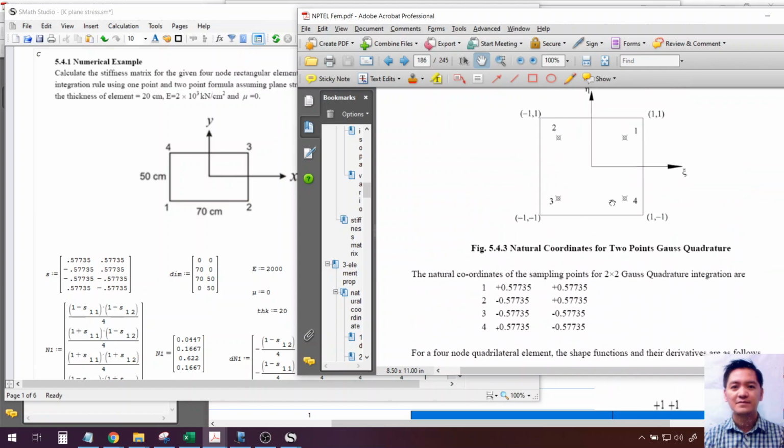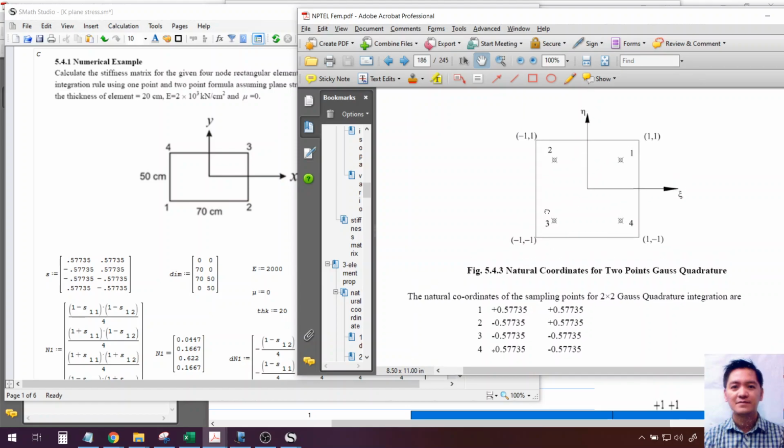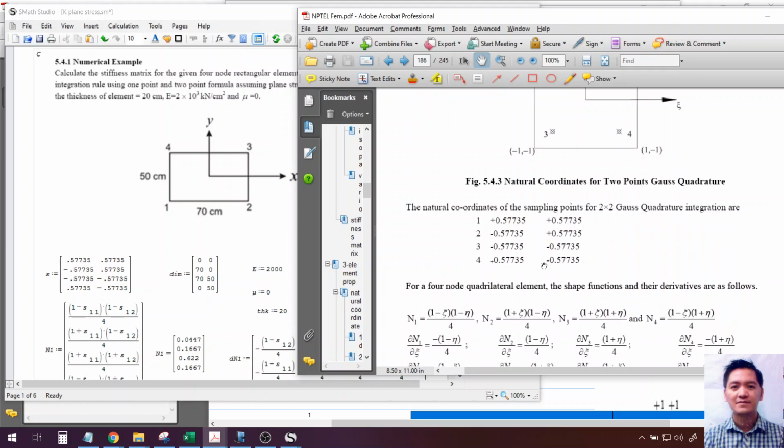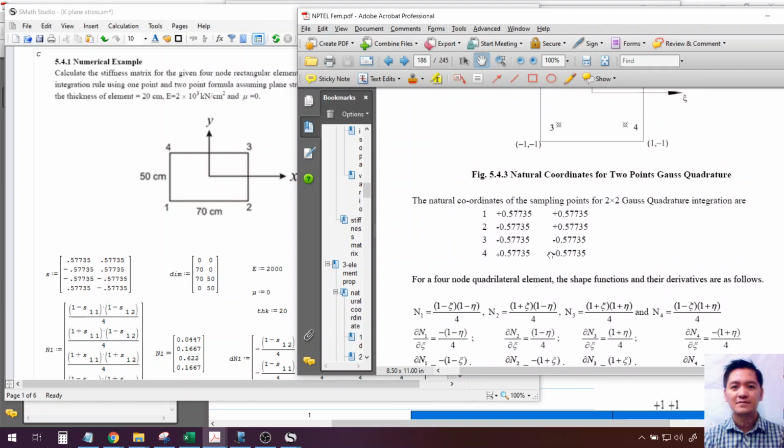So, 1, 2, 3, 4. 2x2. No? Okay, remember, yung natural coordinates natin, 1, 1, -1, 1, -1, -1, 1, -1. Therefore, kailangan mo rin ng 4 na points. And yung points na yun are this. Okay, for a 2-point Gauss quadrature, this is constant, no? Hindi, ano to, no? Given siya, okay? So, every time you use Gauss quadrature, no? Constant yan, no?